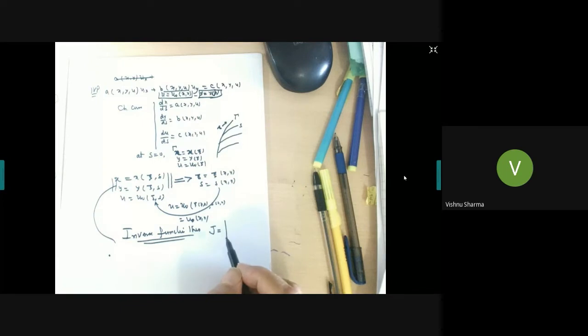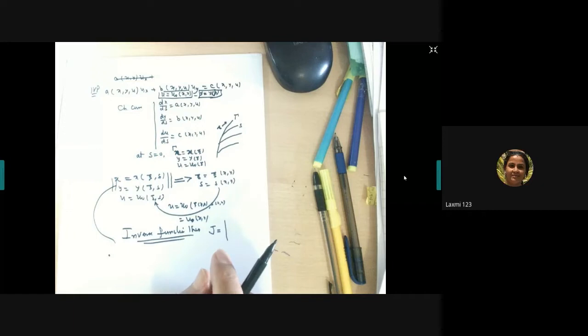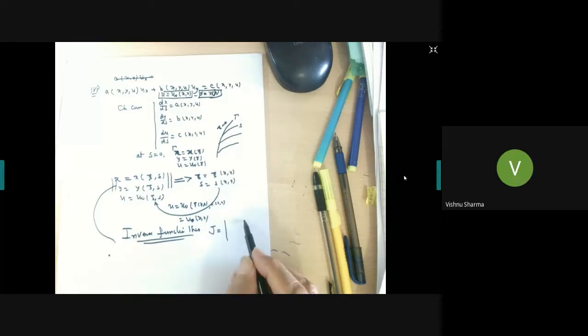First of all, the Jacobian of the transformation, with entries x xi, x s, y xi, y s, should be different from zero.